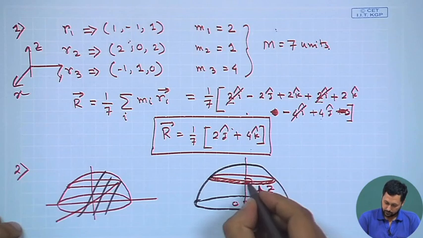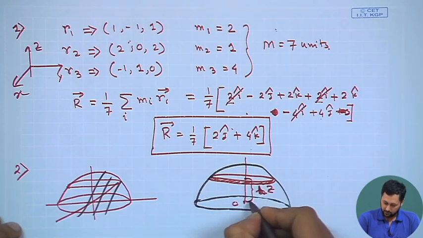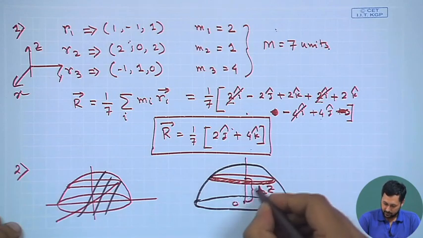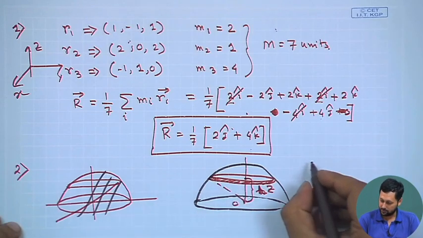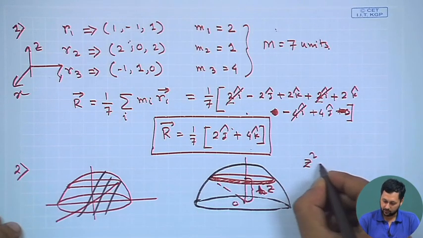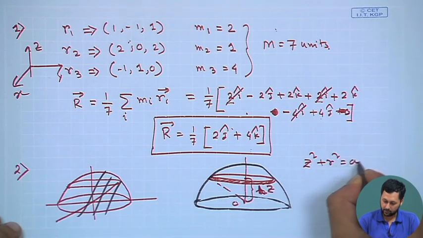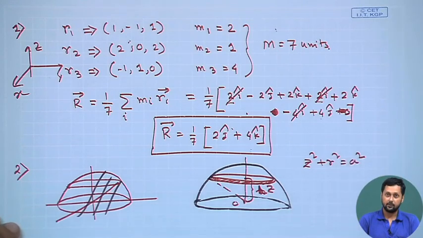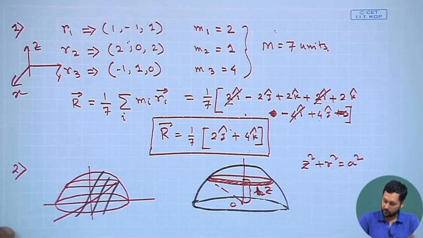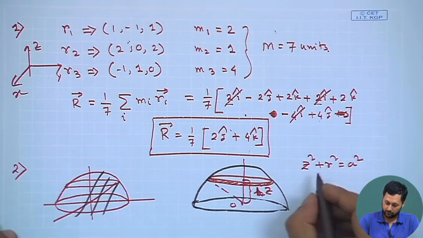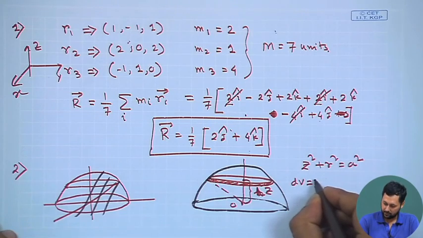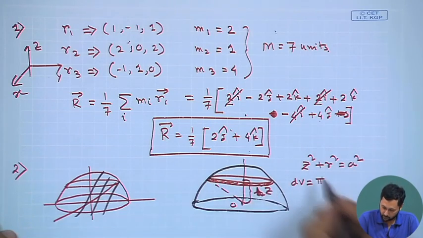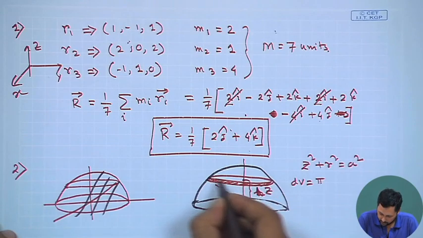Now, the relation between this z and a being the radius, going by the triangle rule, is z square plus r square is equal to s square, right.